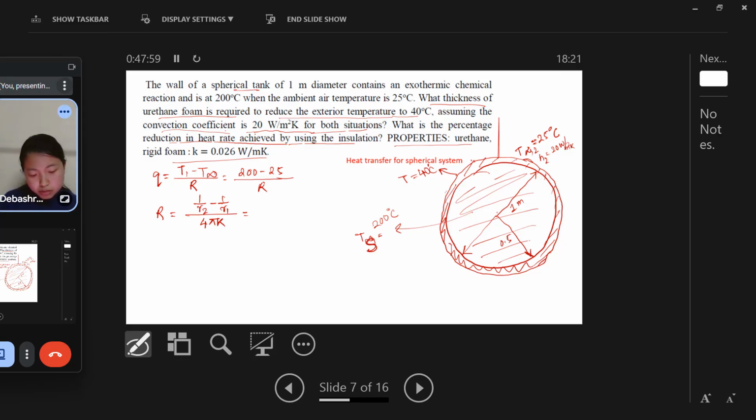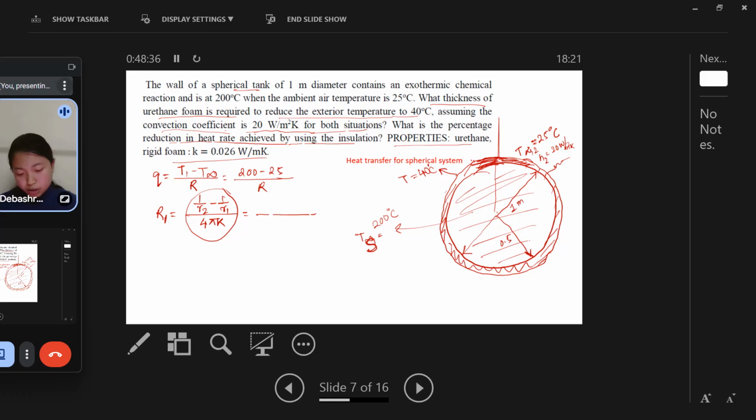The first one is the resistance due to this insulation. Then another is the outside resistance due to the convection. If I consider 1 for the insulation, it's a conductive resistance, so 1 by R2 minus R1.